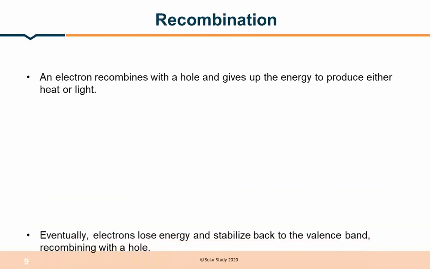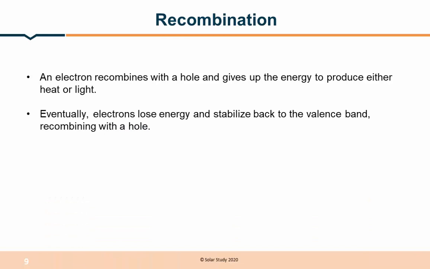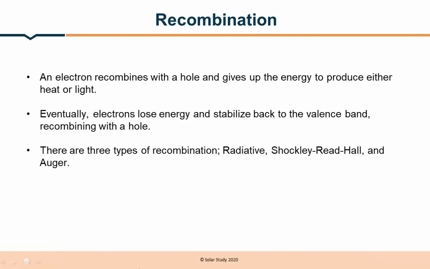Then what is recombination? When electrons combine with holes, it produces some energy in the form of heat or light. Electrons lose energy and stabilize back to the valence band, recombining with the hole. There are many types of recombination.